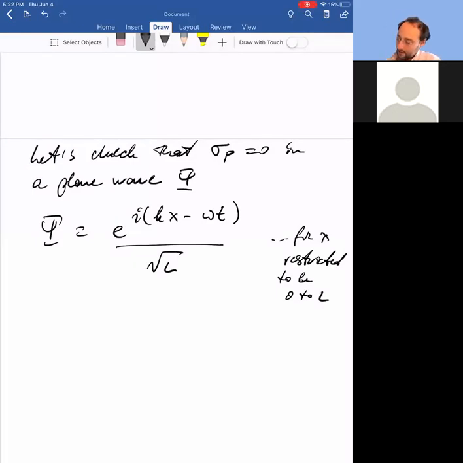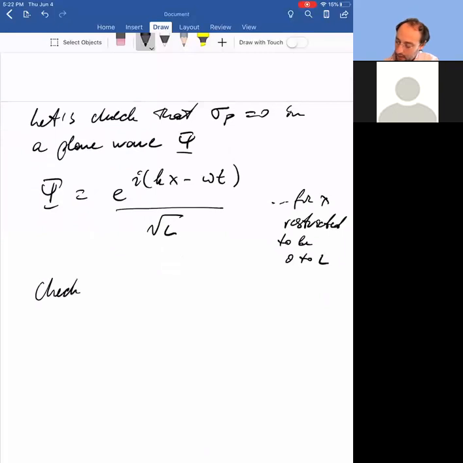Let's check that the standard deviation of momentum equals 0.